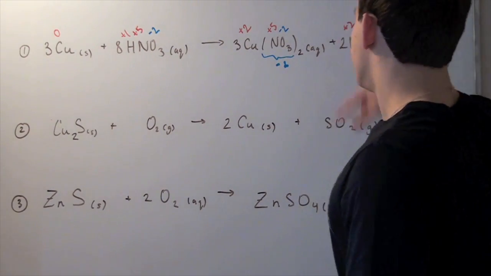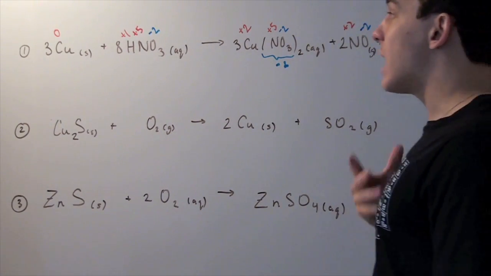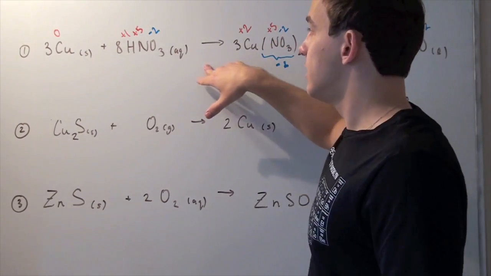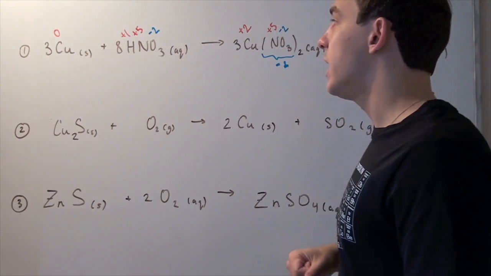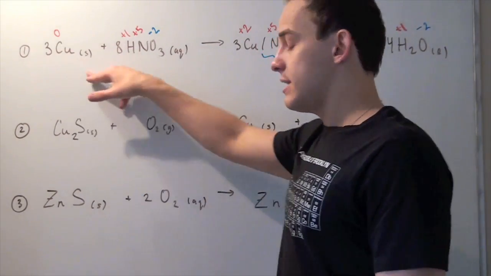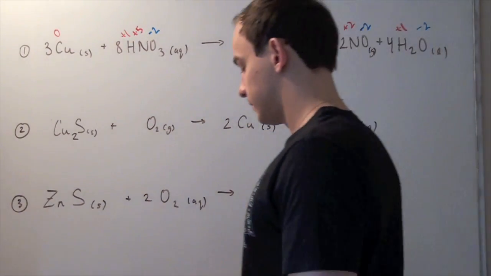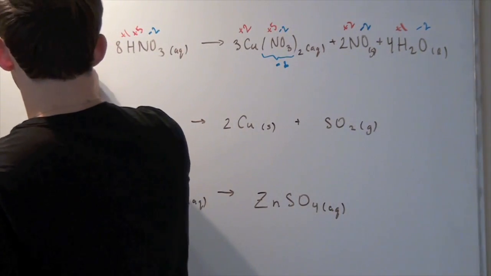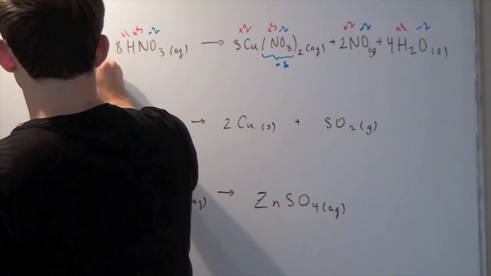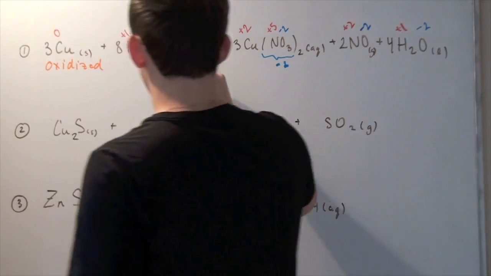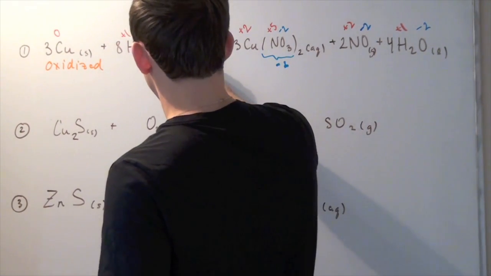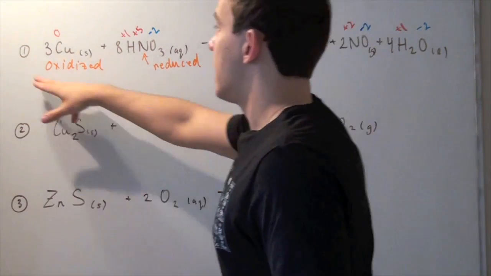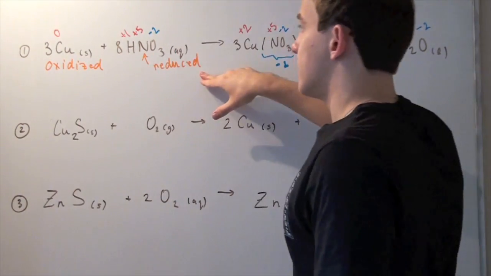So our N is what's reduced. So our oxidizing agent is nitric acid, the N specifically, and our reducing agent is copper. So let's write that. This guy is oxidized, and this guy is reduced. Okay? And once again, our reducing agent, our oxidizing agent.